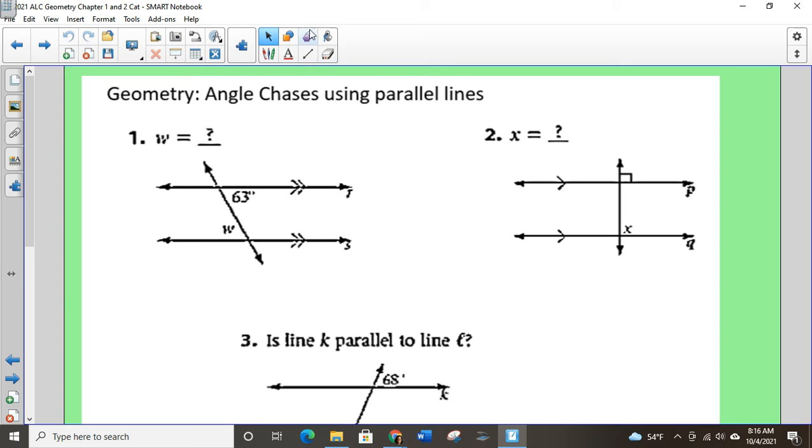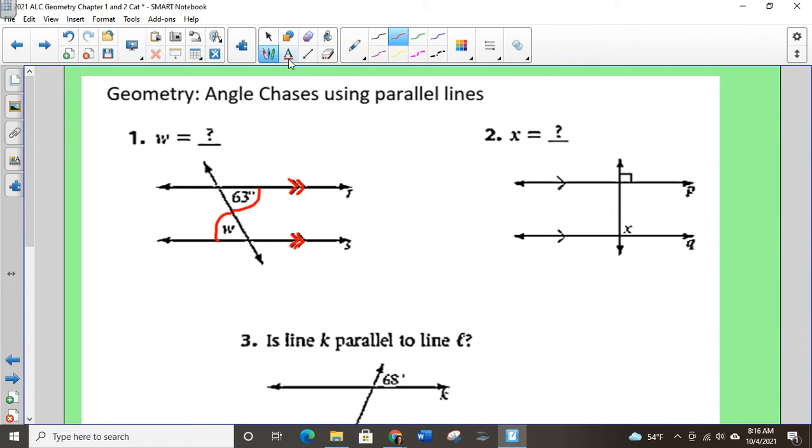First of all, just notice that everything that's about to happen is happening because these little double arrows are just calling out to you, we're parallel, we're parallel. All right, and so then it becomes a question of how can these parallel lines help us to find this angle? My first question would be, what kind of angles are they?